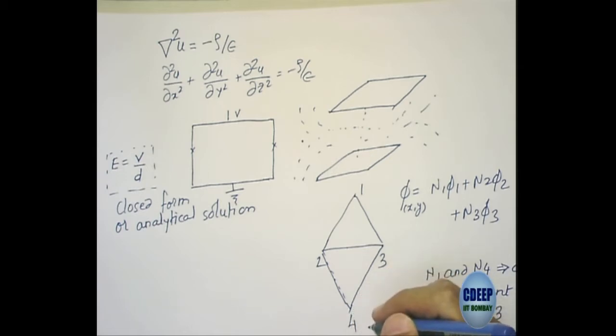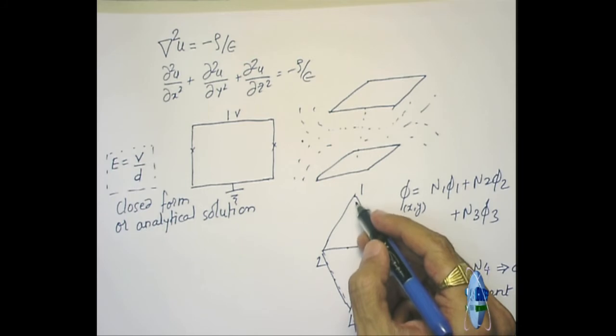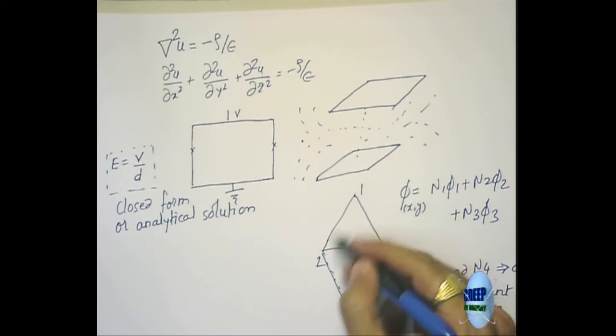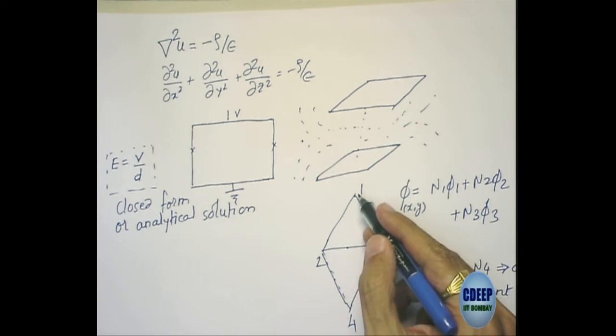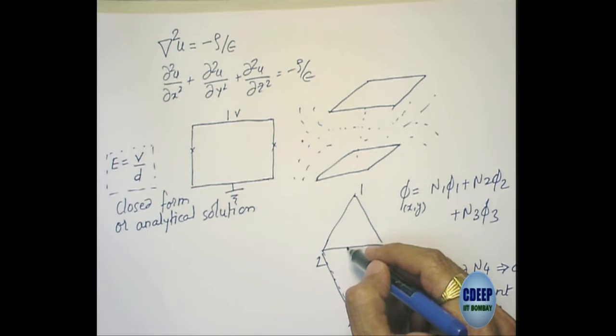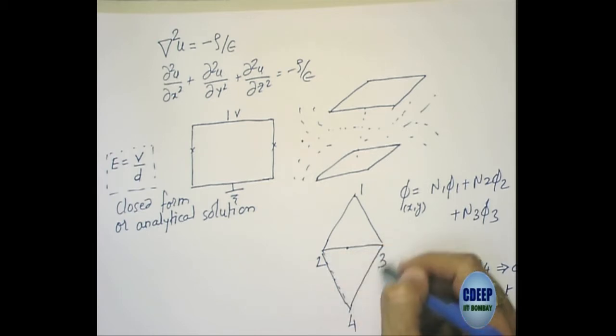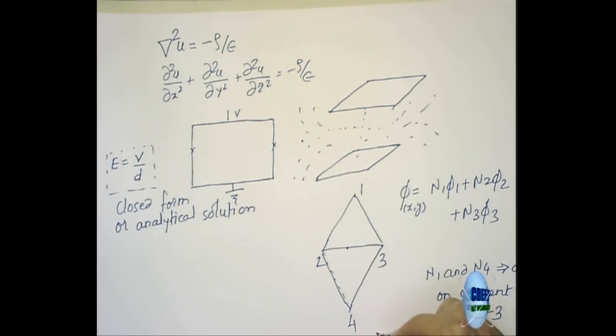If it were not so, then the potential at some arbitrary point here, calculated in this triangle using potential values of 1, 2, 3, would come out different compared to when the potential at this point is calculated using the other element with potentials at 2, 4 and 3. Is it clear?